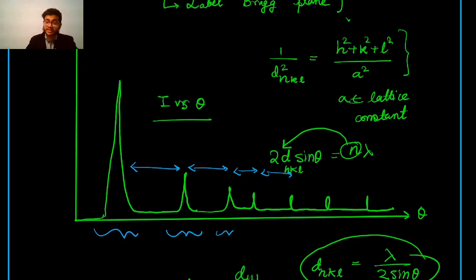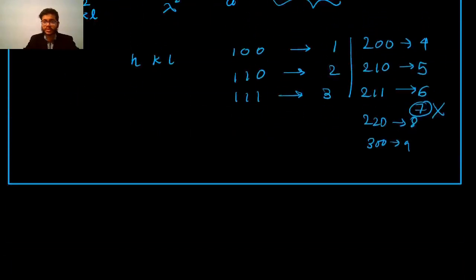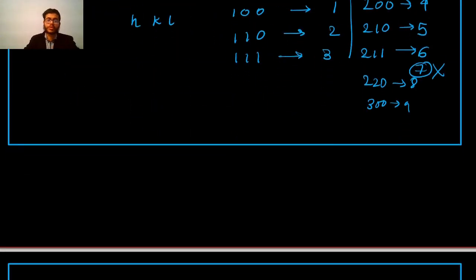But if you see a hexagonal crystal, a tetragonal crystal, a triclinic crystal, these crystals have less symmetry. Due to having less symmetry, these peaks will not be very uniformly spaced. There will be bunching of some peaks in some narrow region, because in those cases this 1, 2, 3, 4, 5, 6 pattern will not be there.